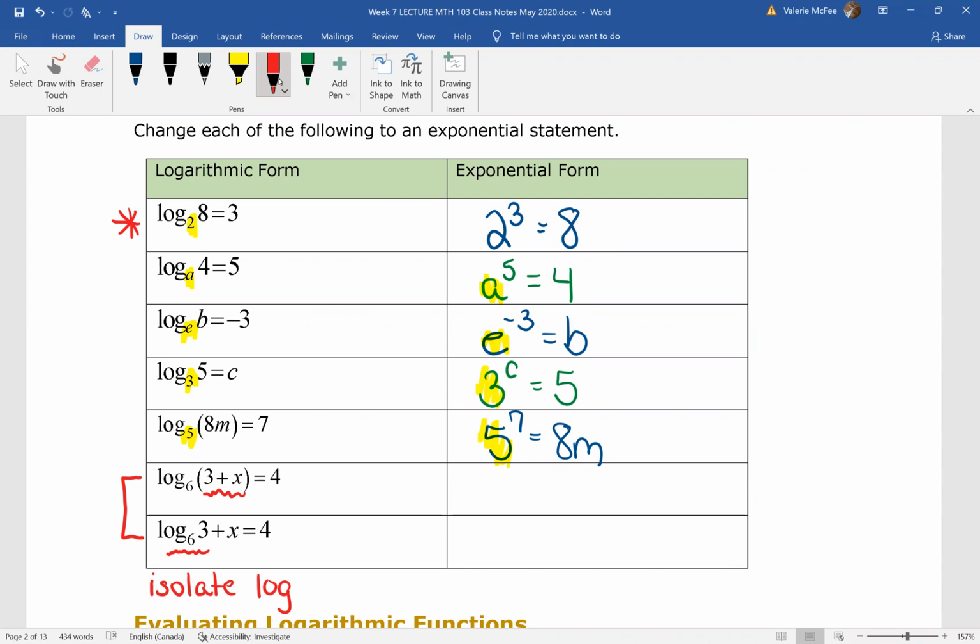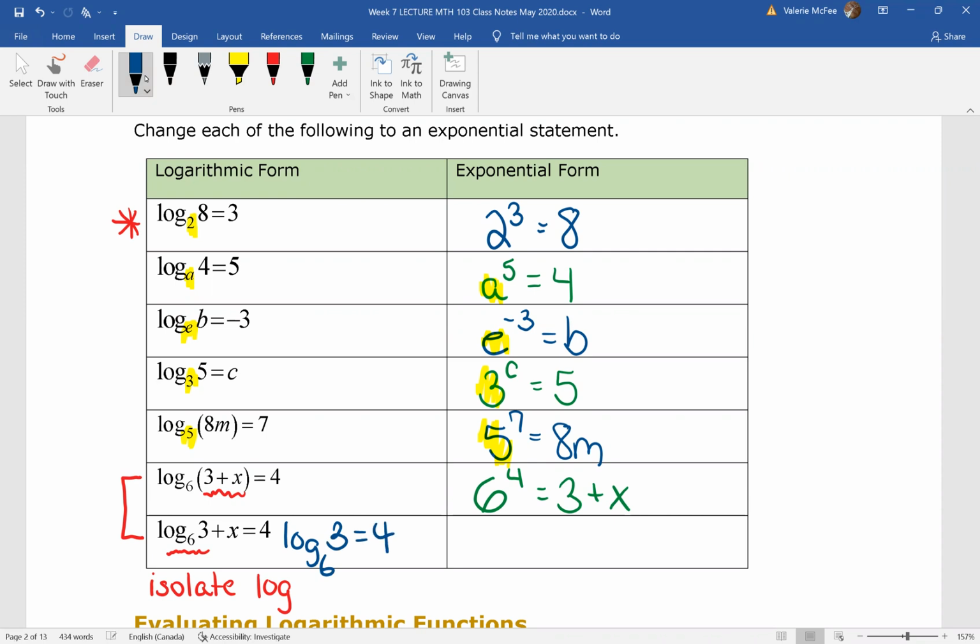Let's look at log base 6 of all of 3 plus x equals 4. The bases are the same. The answer to the log is the exponent. We have 3 plus x here. In the last one, we need to isolate log base 6 of 3.